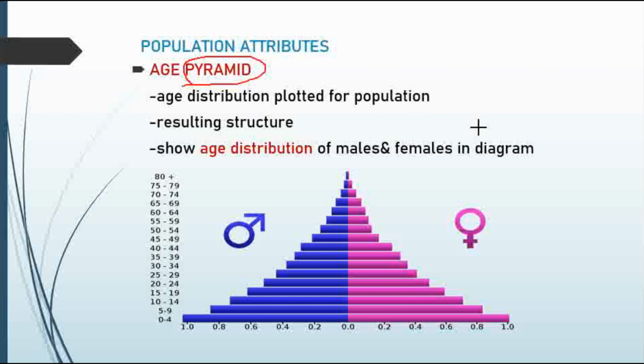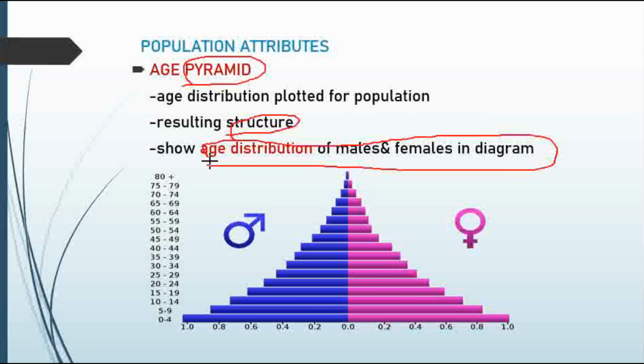So the resultant structure, when you plot the age distribution for a population, is called an age pyramid. What information do we get from it? It shows the age distribution of males and females in diagrammatic form.